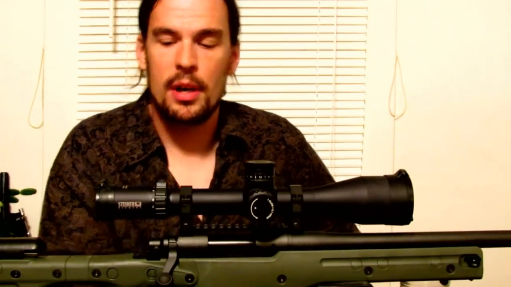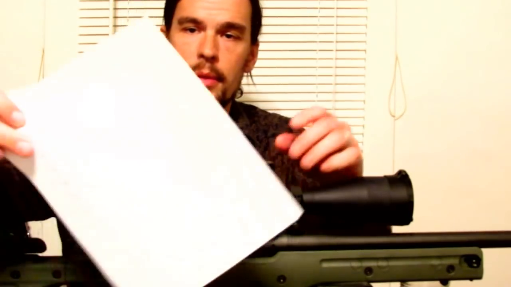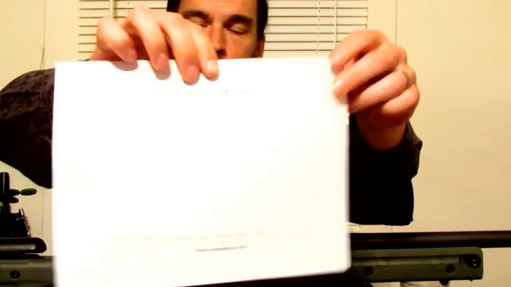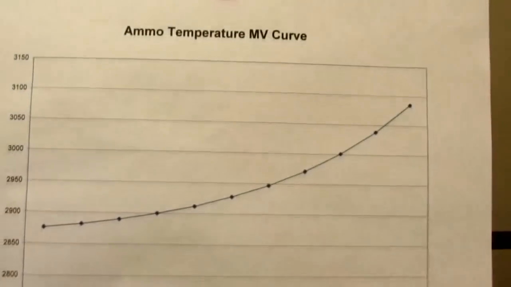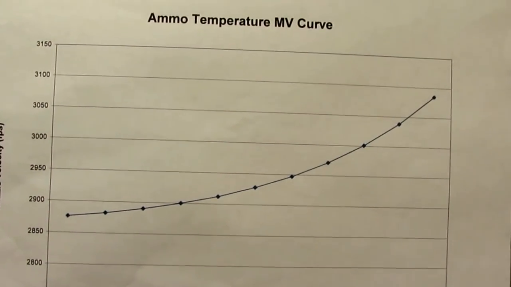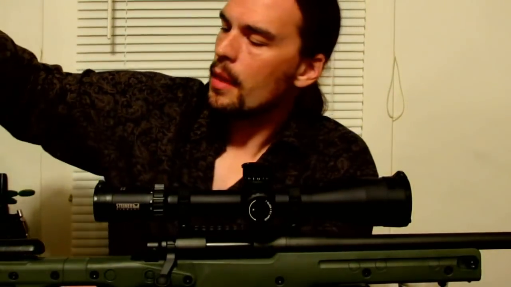So next we're going to get you into the actual ammo temperature muzzle velocity curve. And here I have one printed off. It might be better just for me to show you digitally. But what we have here is just your ammo temperature curve. All you have to do is go into this Excel spreadsheet that I'm going to create for you.